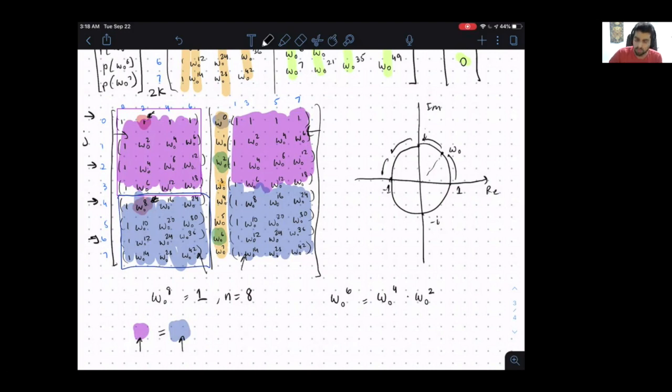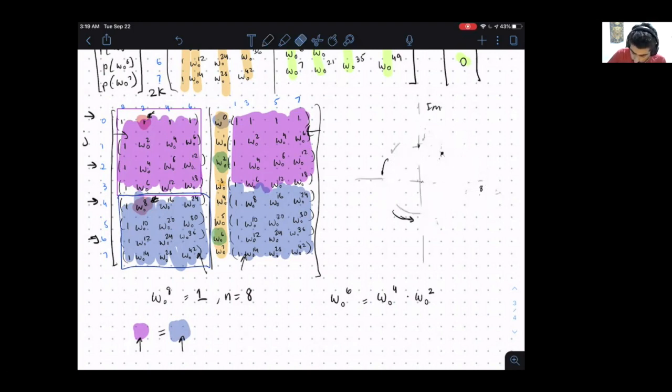After 4 rounds of omega naught, we're at the value -1. And in order to go back to 1, we have to do 4 more rounds. So this is going to be omega naught to the fifth, omega naught to the sixth, omega naught to the seventh, and finally omega naught to the eighth. This explanation was not super rigorous, but if you want a little bit more intuition about complex numbers, I recommend checking out discussion 2, question 2.